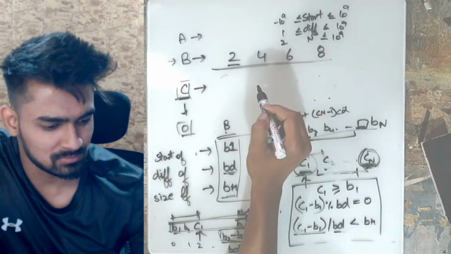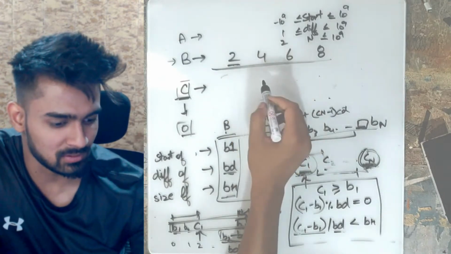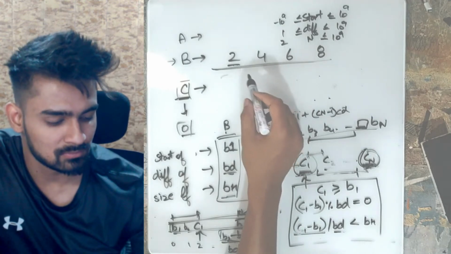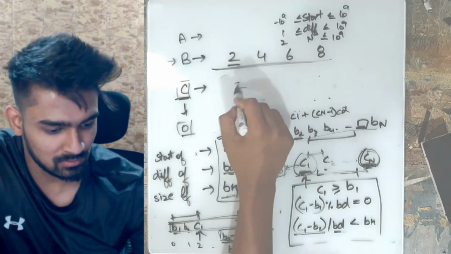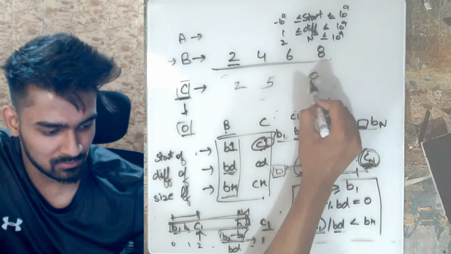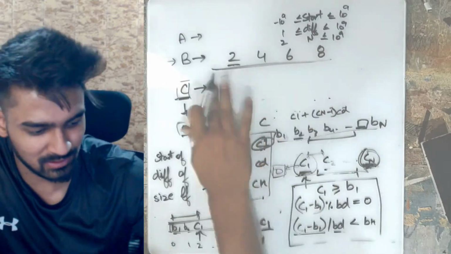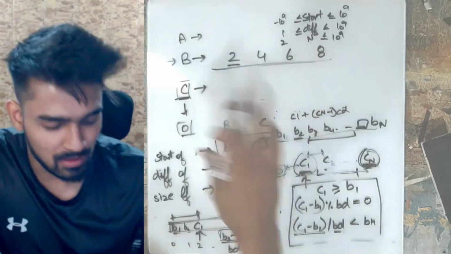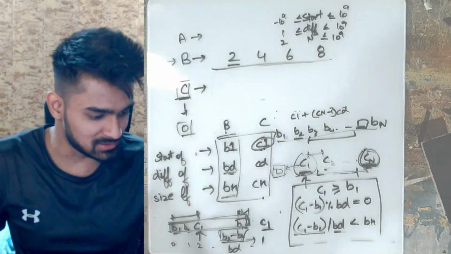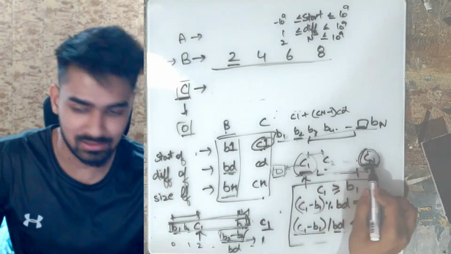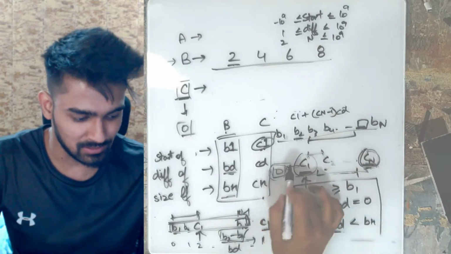Is that possible? I don't think it is of any use. Okay, let's skip this part. Cool. So these are the conditions. You have to first check for C1, then Cn. If any of these is not present, then the answer is 0.